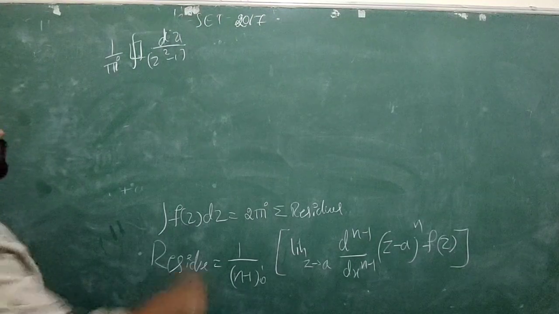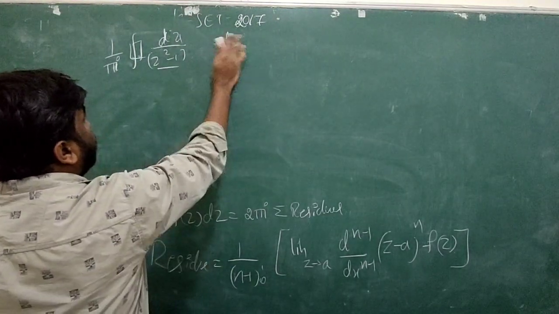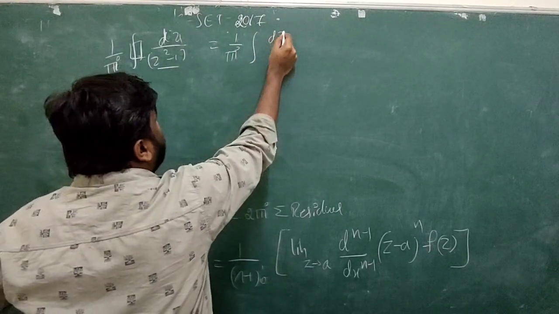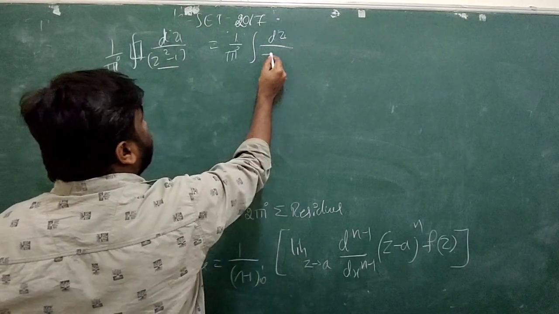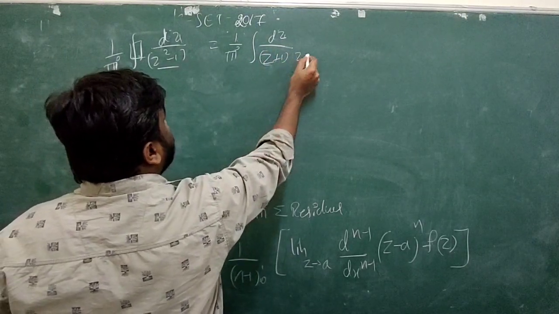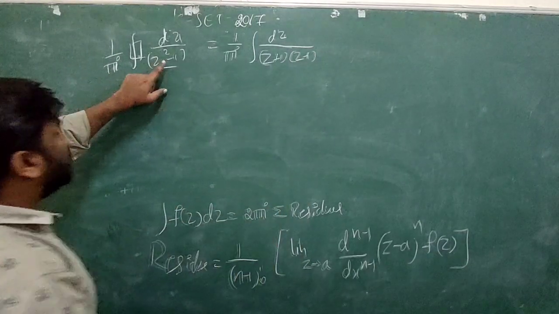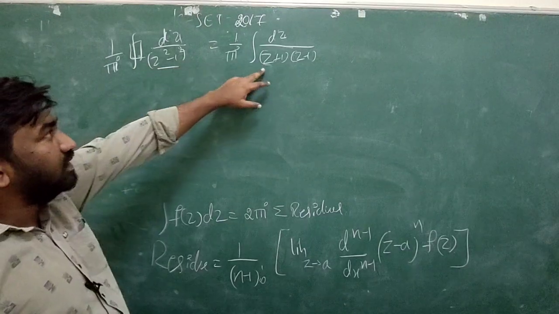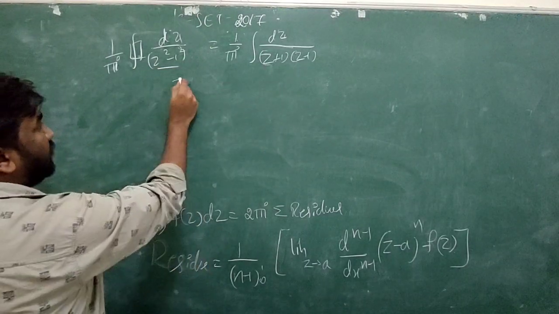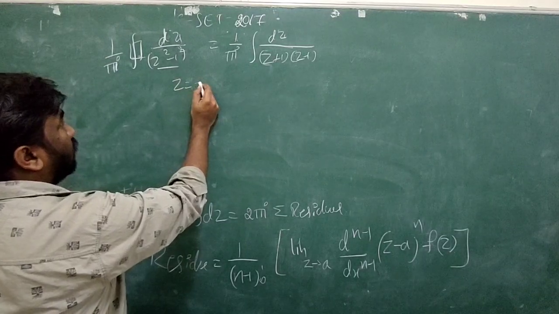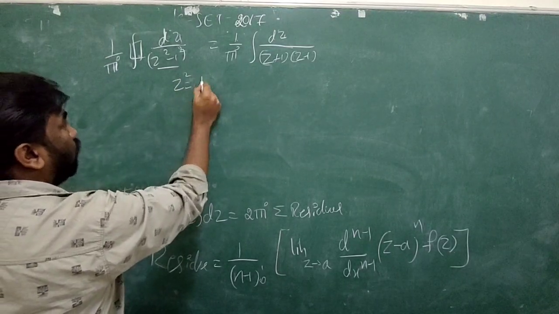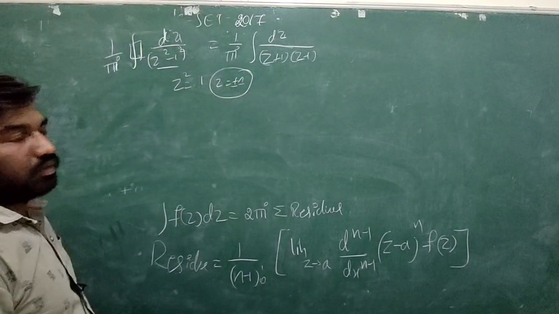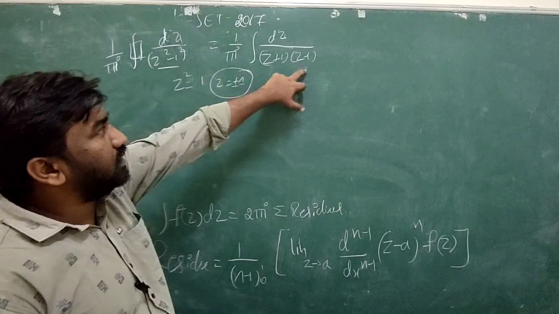We can write this as 1 by pi i integration of dz divided by (z plus 1) into (z minus 1), since z square minus 1 square can be written using a square minus b square equals (a plus b) into (a minus b). So z square equal to 1 means z is equal to plus or minus 1.